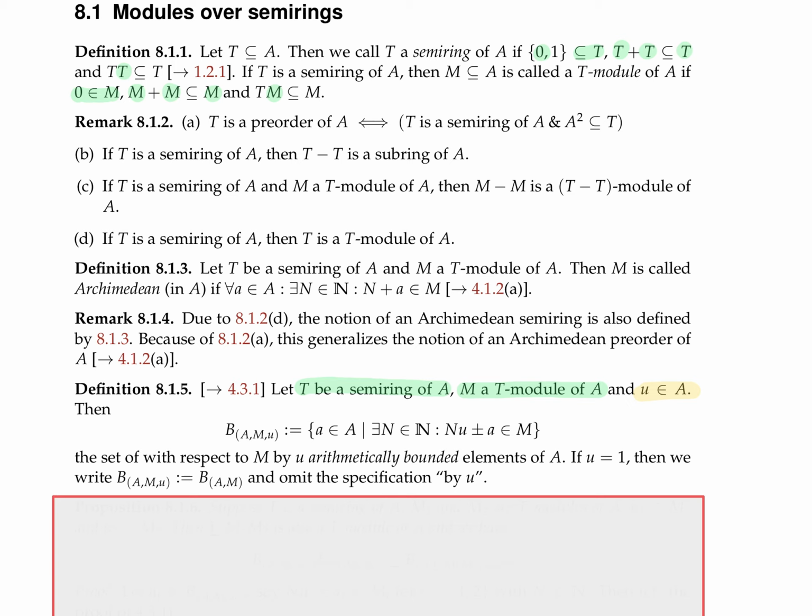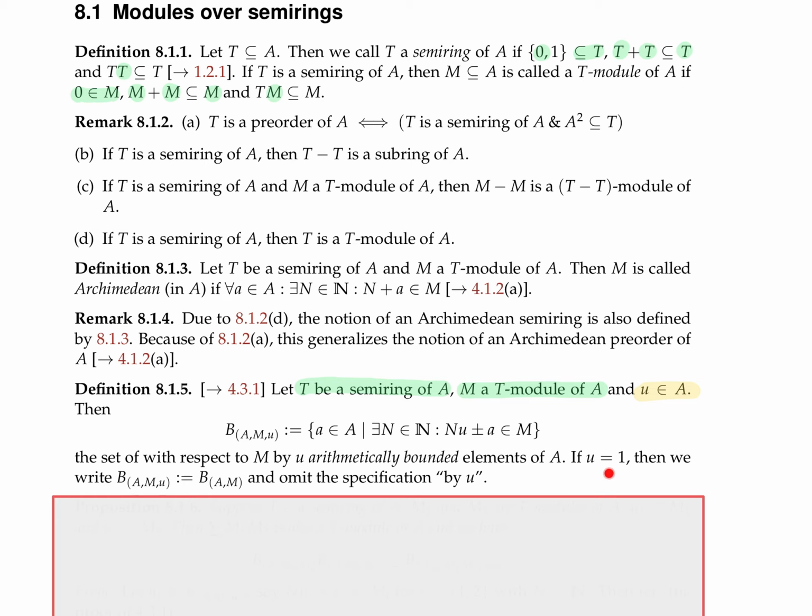So if it makes it easier to understand, first think of M being equal to T, where T is just a semiring of A. That's a generalization of a preorder, so you might even at first think of a preorder. And in order to understand it better, at first you might think of U equal 1.